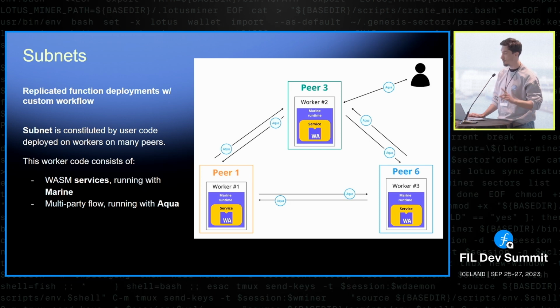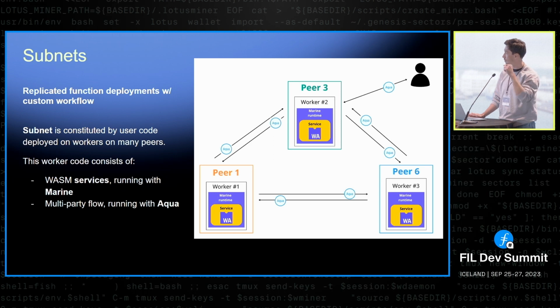There are several important things about that. When you deploy your function or application on Fluence, to the network, in fact you deploy to a subnet. A subnet is a group of nodes that all have the same function deployed to them, and they know about each other, and they can be tied together with any custom network algorithm in Aqua that expresses how they should work together.